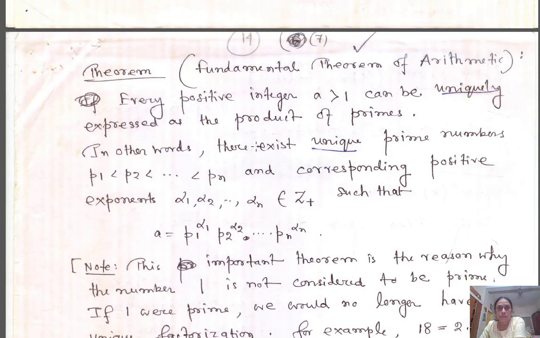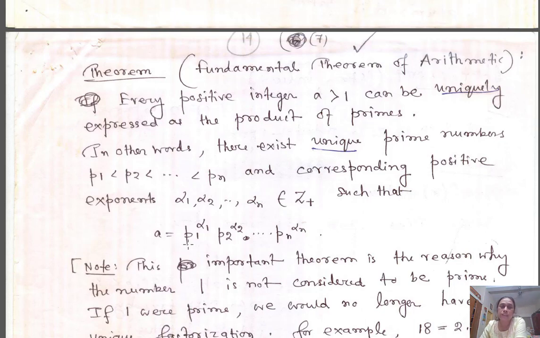Okay, this is the fundamental theorem of arithmetic, also called the unique factorization theorem. Every positive integer greater than 1 can be uniquely expressed as a product of primes.